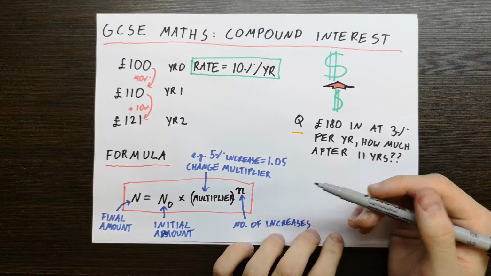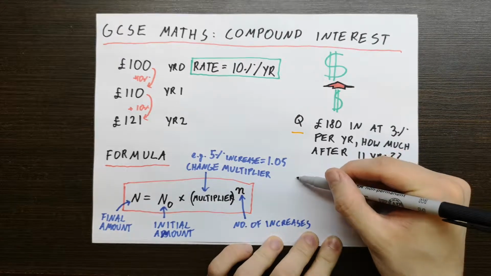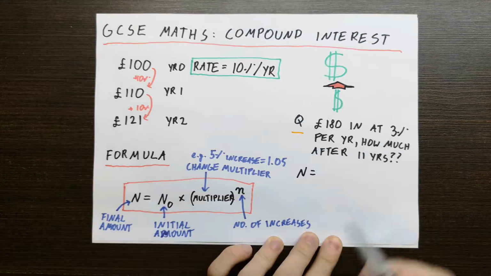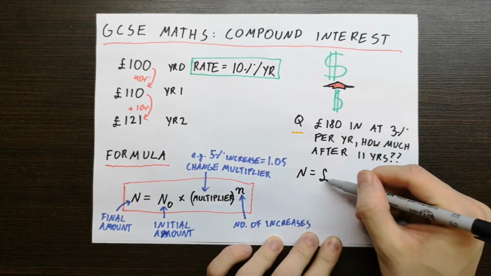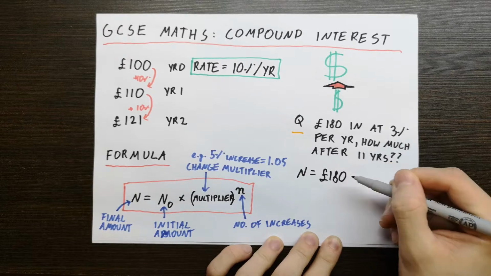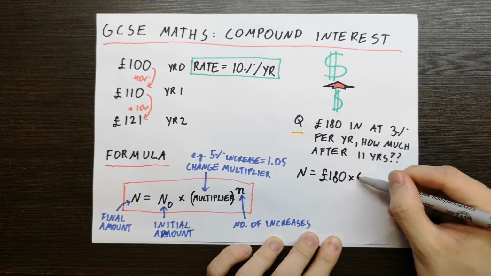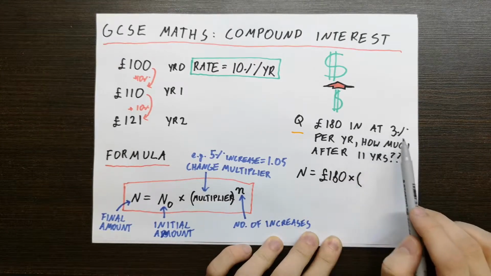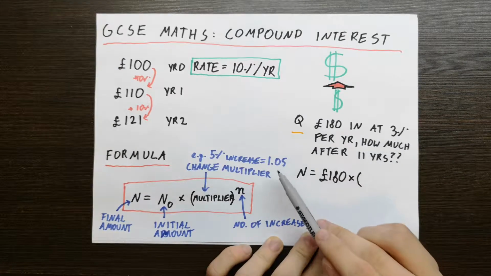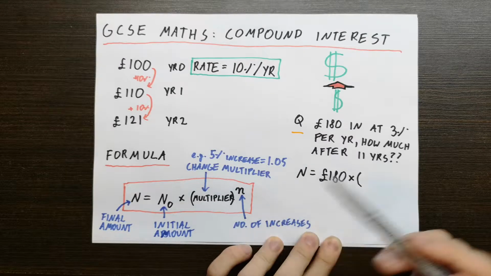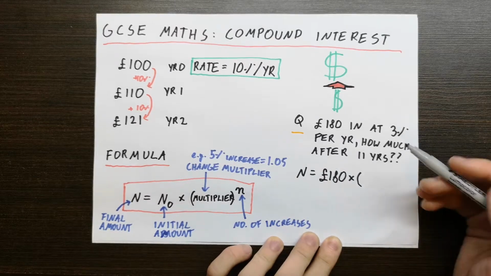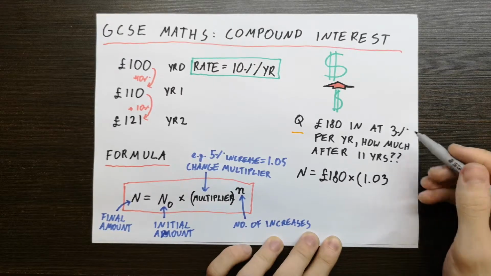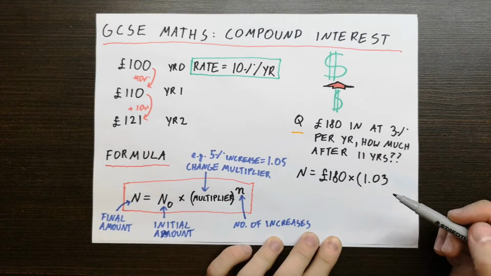So sticking to this formula, n, which is the final amount, is equal to initial amount of £180, which is multiplied by, we are increasing, the rate is 3%. So going with our percentage multiplier, our multiplier will actually be 1.03, because it's 3%, 1.03.